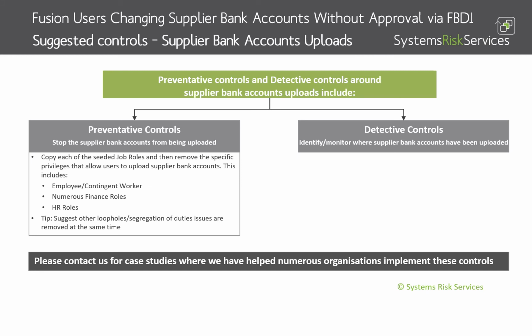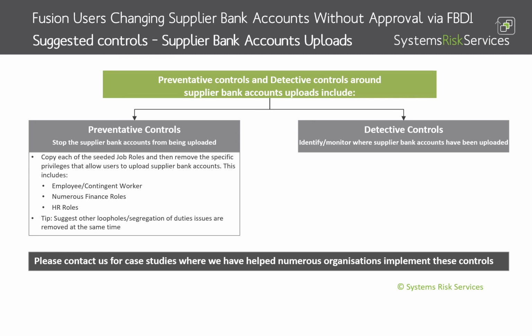Equally, the human resource specialist role out of the box allows me to upload supplier bank accounts, but it also allows me to delegate roles to users, which is another topic for one of our other videos that we've shared. So once you've customized those roles, then you should take this privilege out.